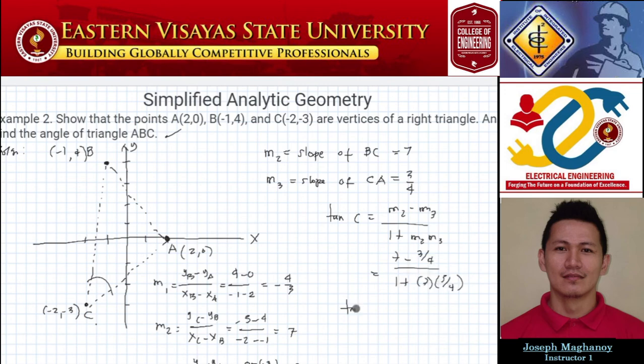Finally, our tangent C is equal to 1. So C is the inverse tangent of 1, which is equal to 45 degrees.